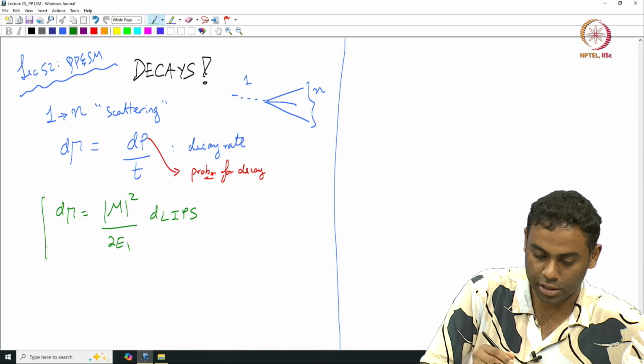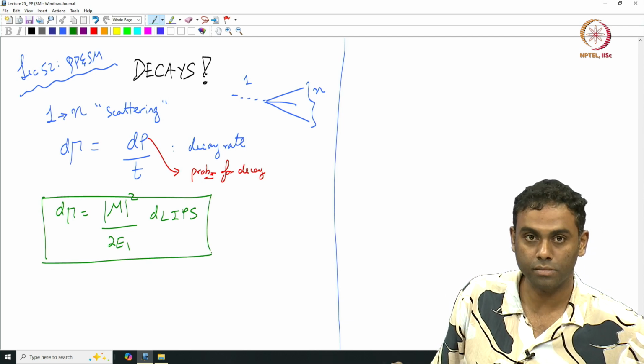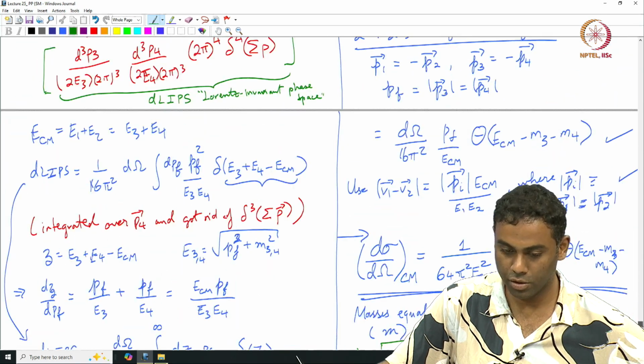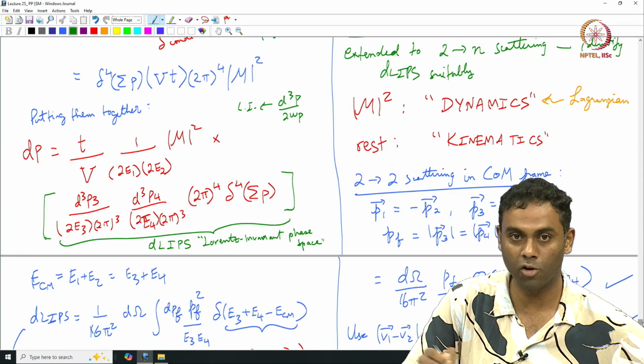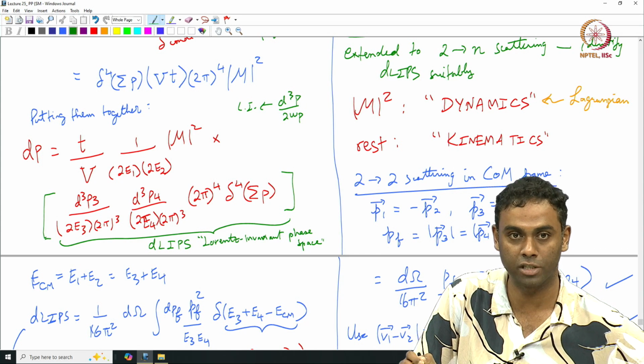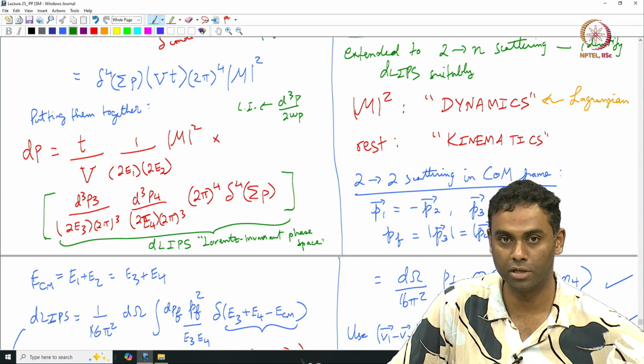Okay, that is it actually. That is the master equation for decay. Okay, so d Phi is once again you would take the final state, however many particles you have in the final state. If you have 2 particles in the final state, this is exactly what d Phi is, the Lorentz invariant phase space. You will have a P2 and a P3 in this case. That is how you would label it, right?